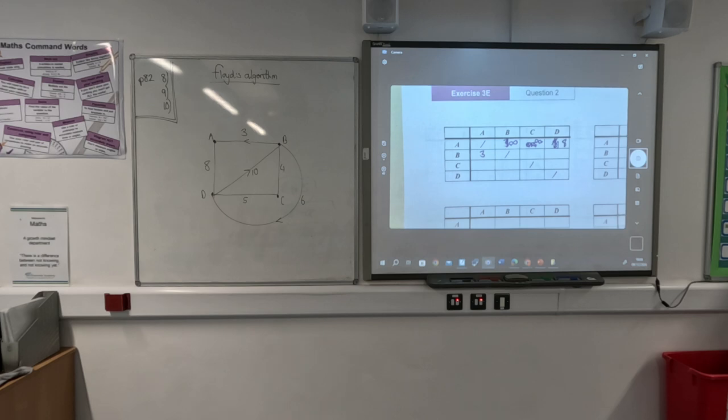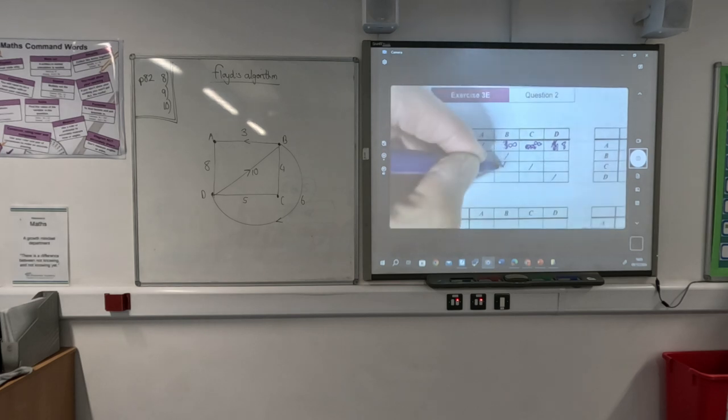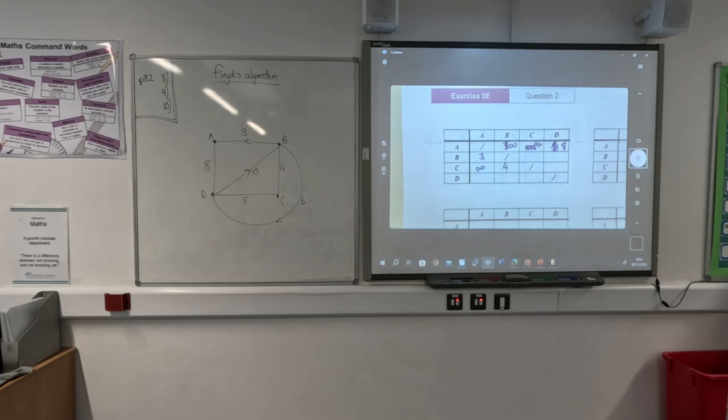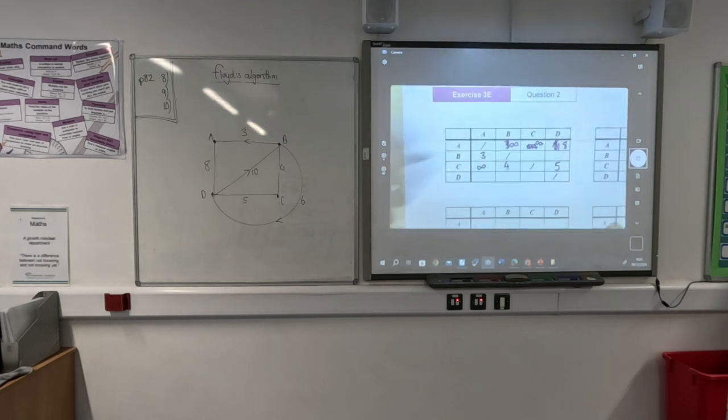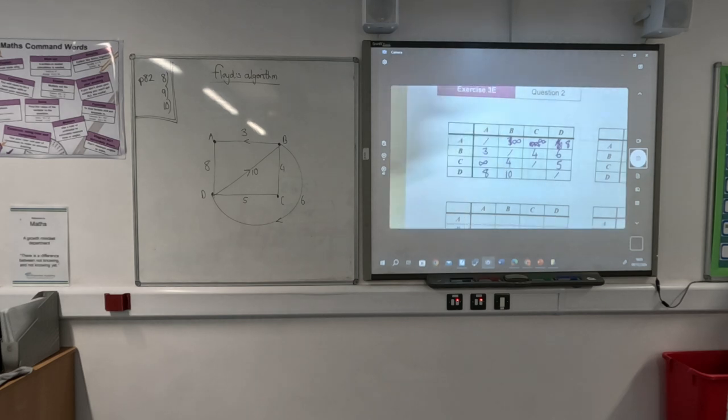C to A, D to C to B, C to D, so I'm trying. D to B, 10, D to C is 5.